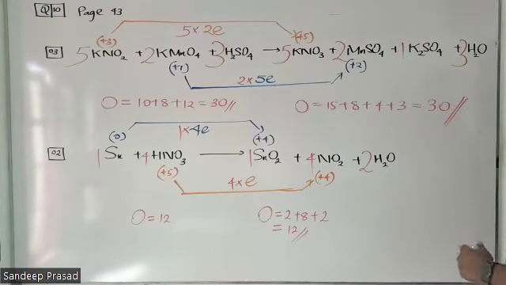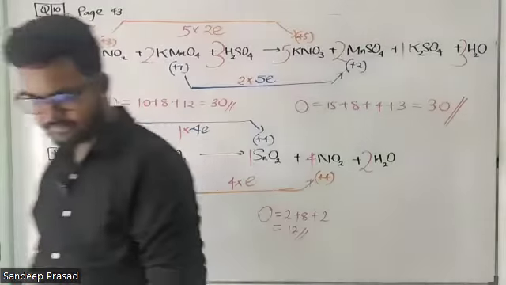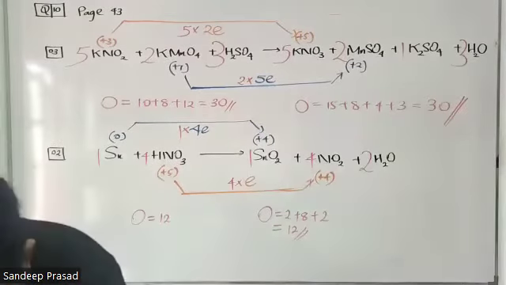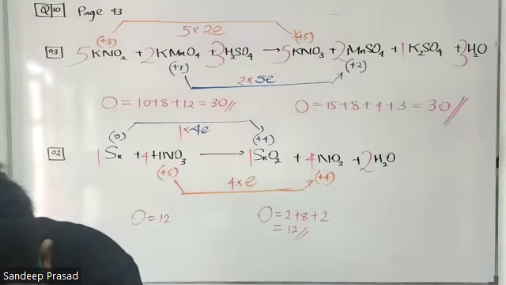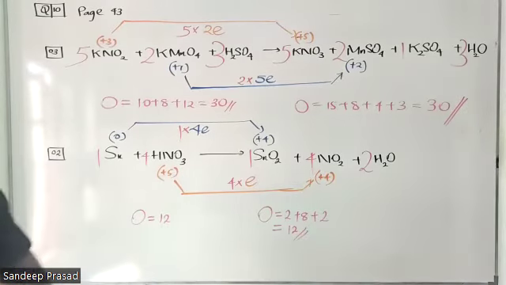Yes, the reaction is balanced. So this is the third one. Zainab, your answer is correct. Vidushana, your answer is correct for the third one. Quickly go for the fourth one.